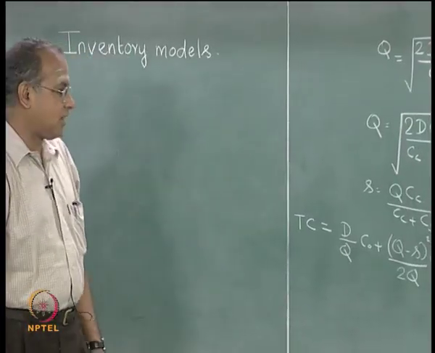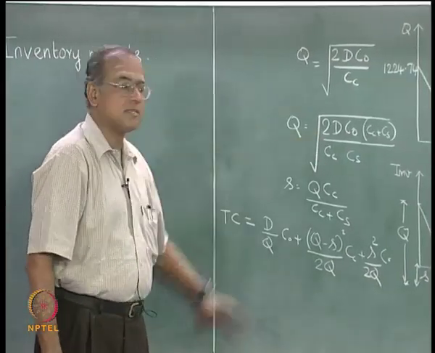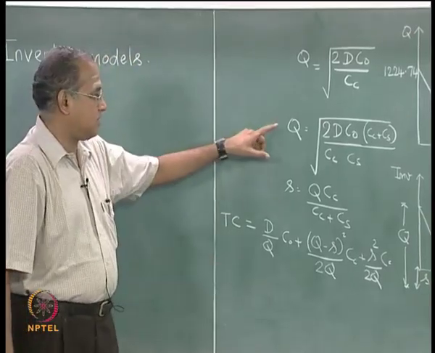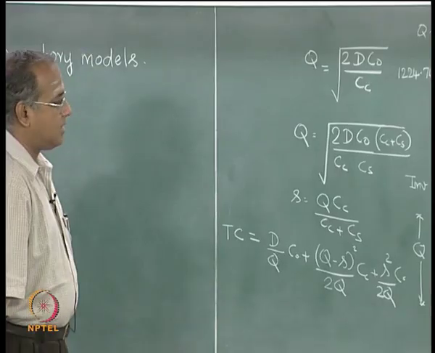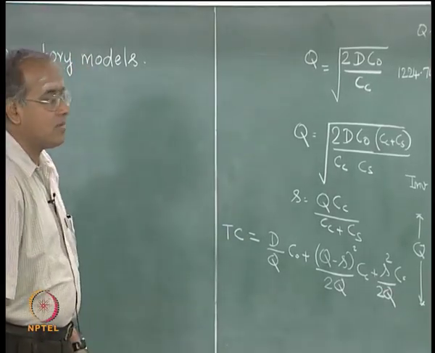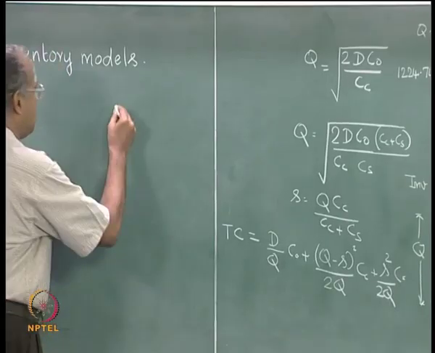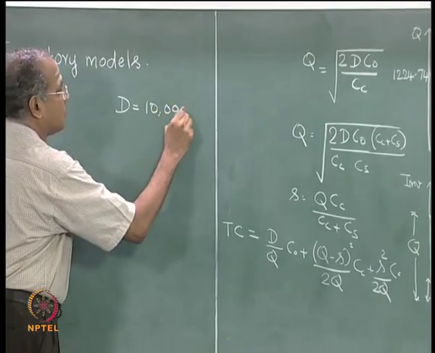So now we will take a numerical example to try and show the computations involved in using these formulae Q, S and Tc. Earlier we had taken a numerical example to illustrate this, where we had assumed D annual demand is equal to 10,000 per year.